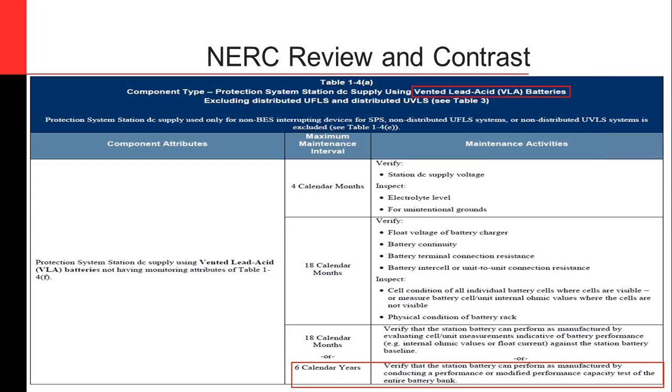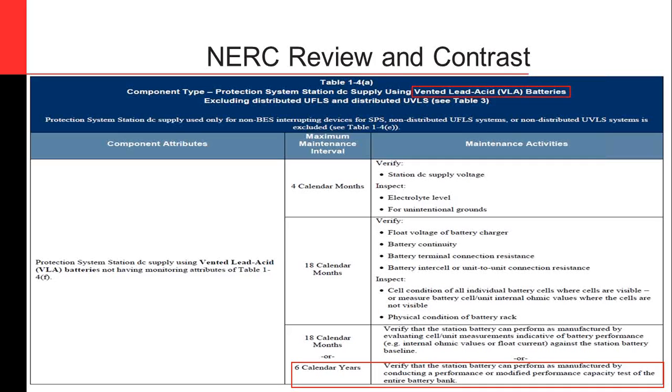So at 4 calendar months, you're going to do some of the similar things that you would do almost on a monthly or quarterly basis in IEEE. And then at 18 calendar months, you're going to do things that are typically specified on a quarterly or annual basis for IEEE.